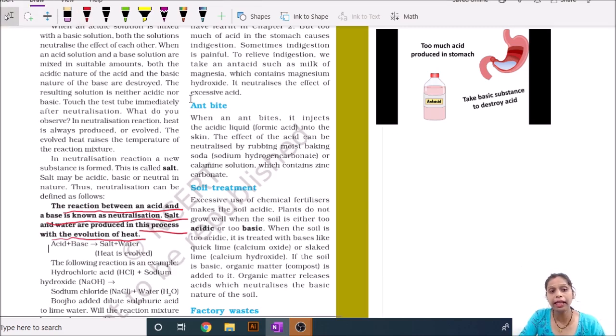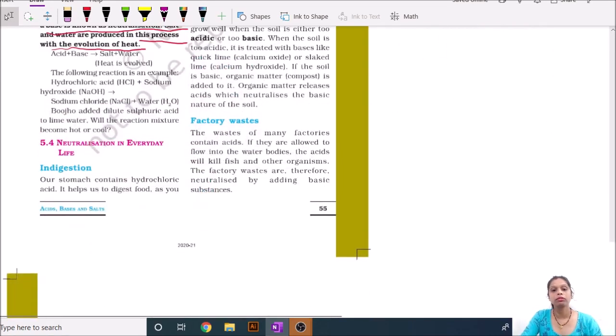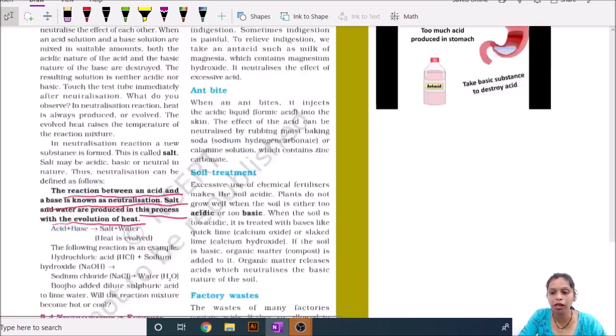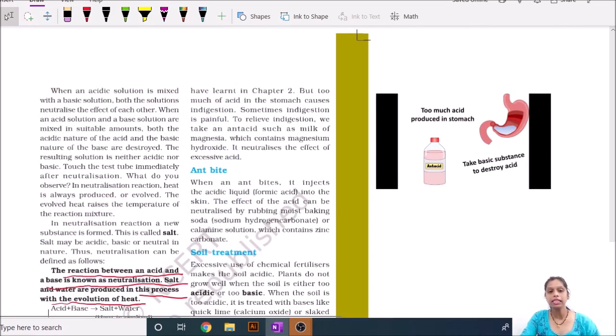You can take a daily experience of the process of neutralization from your everyday lives. You know that for digestion of food in humans, hydrochloric acid is secreted in the stomach.